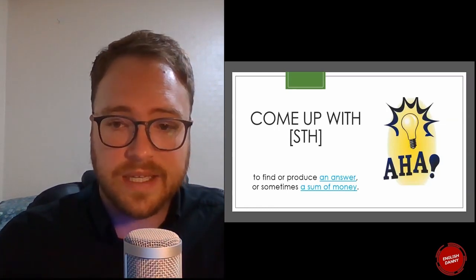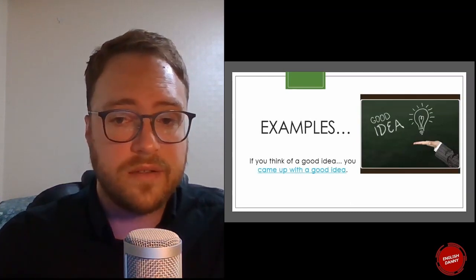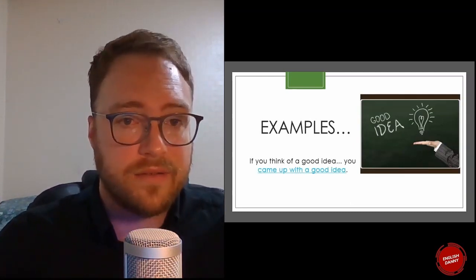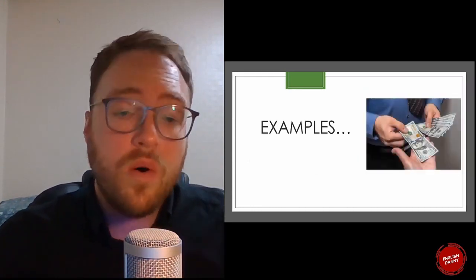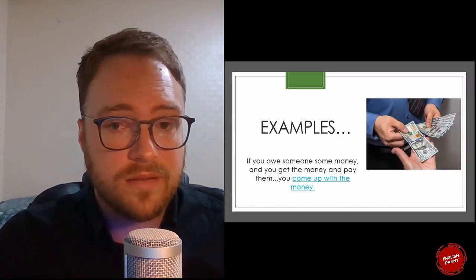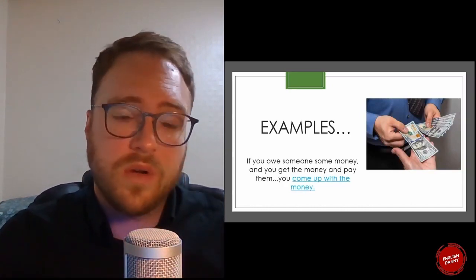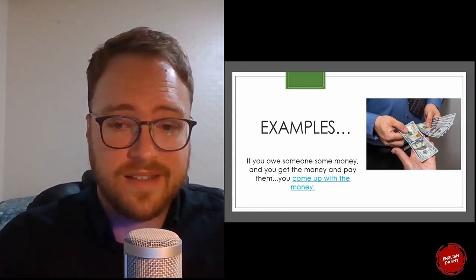Let's look at some examples. If you think of a good idea, you came up with a good idea. If you owe someone some money and you get the money and pay them, you come up with the money. Now let's use it in a sentence.